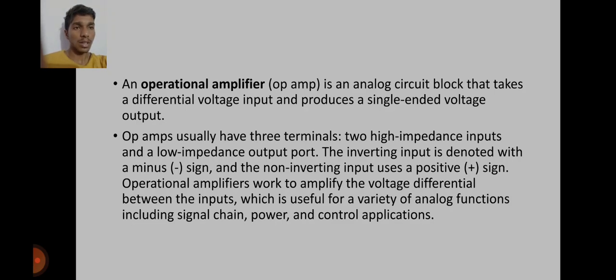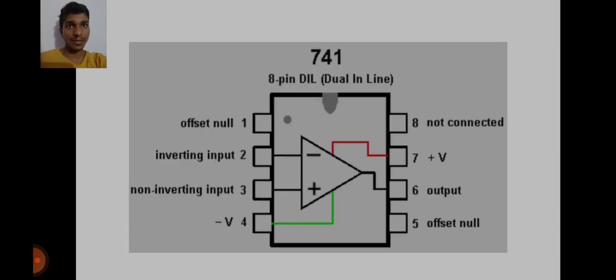These two high impedance inputs are the inverting input, which is denoted by minus, so that the output will be the inversion of the input signal, and the non-inverting input, which is indicated by the positive sign. The operational amplifier works to amplify the voltage difference between the two inputs, which is useful for a variety of analog functions, including signal chain, power, and control applications.